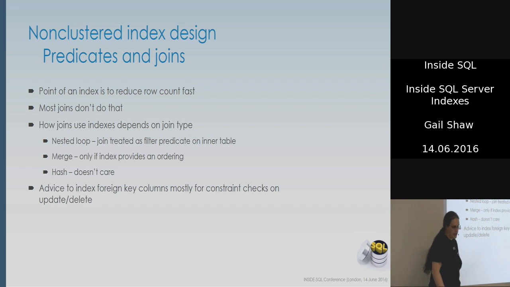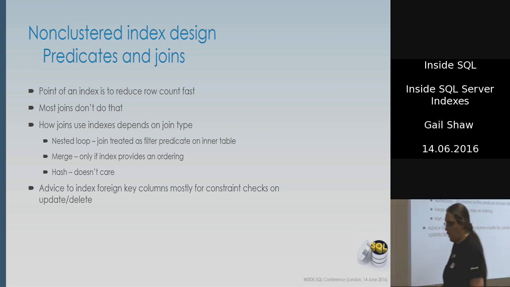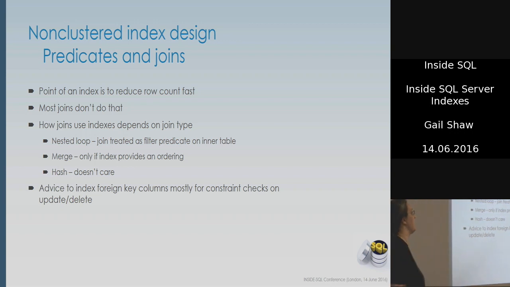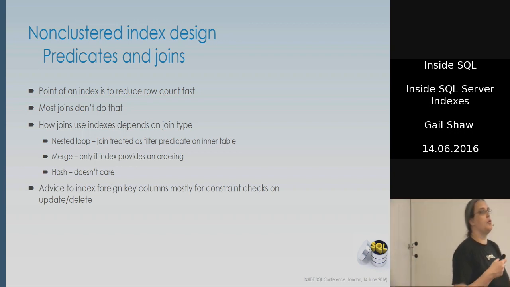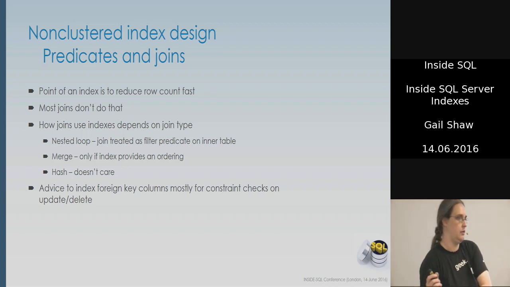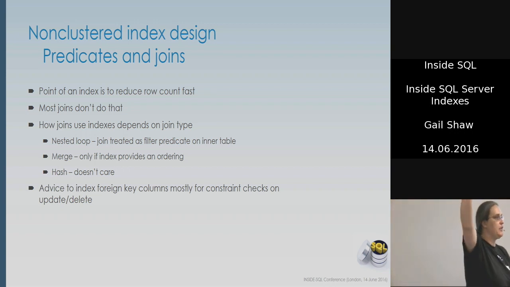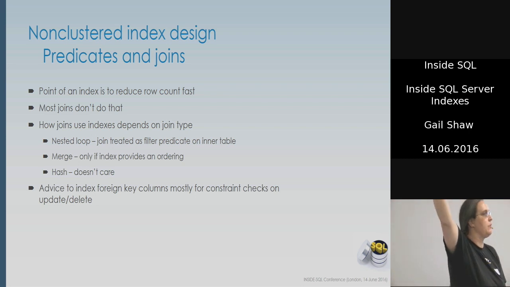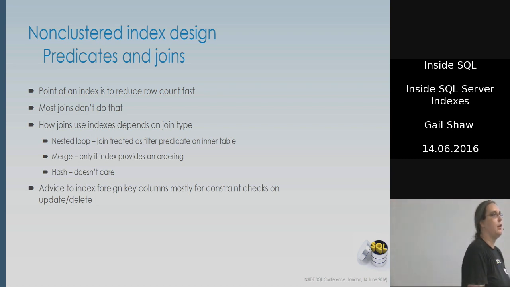You'll often see advice on indexing foreign key columns. Create indexes on your foreign keys to support the queries. A lot of times that's not for the joins themselves. A lot of times that's for when you're doing updates or deletes that need to do a foreign key check. They need to go and check, is there a matching row in the other table?